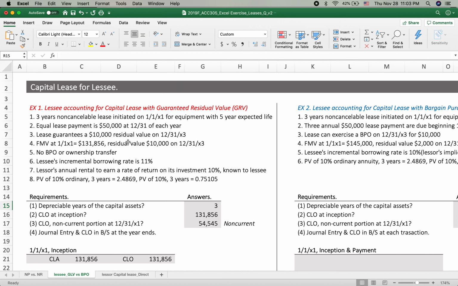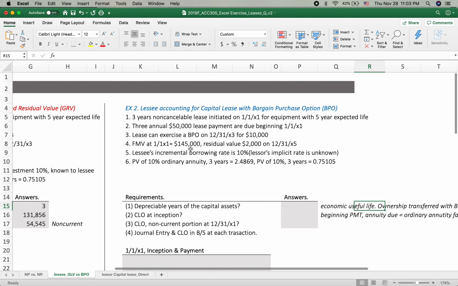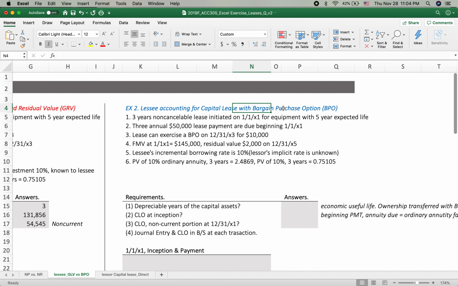So their depreciable years of the capital lease asset is 3 years with the non-cancelable lease term. But the bargain purchase option means the lessee will purchase this asset at the end of the lease term at a very cheap price. That means the bargain purchase option, right?